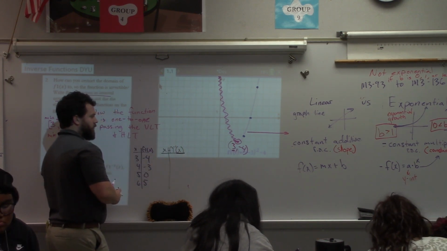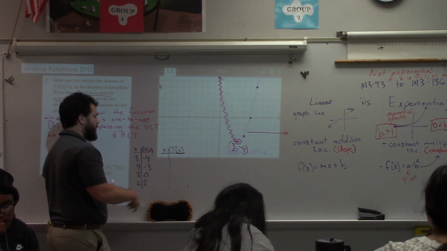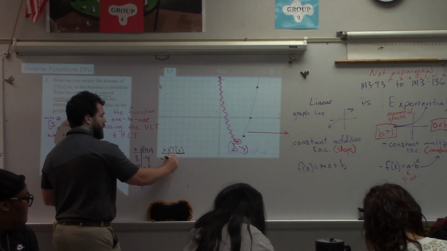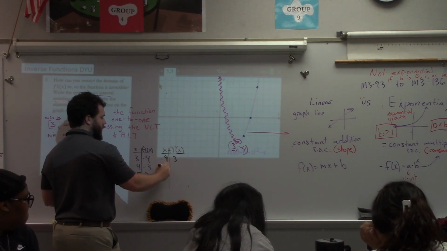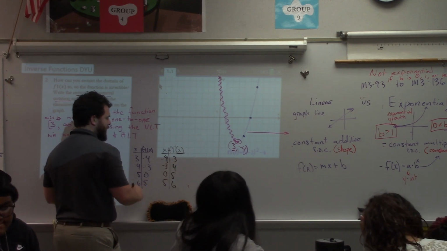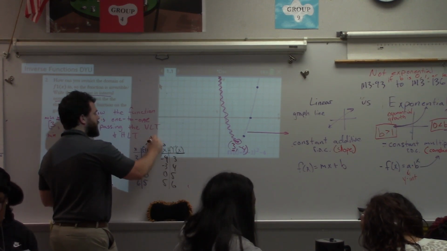That's the notation for the inverse of f of x, right? It's the result of transposing. So what points do I now have? Negative 4, 3, yep, good job. Negative 3, 4, 0, 5, 5, 6. And so a quick note is transpose.